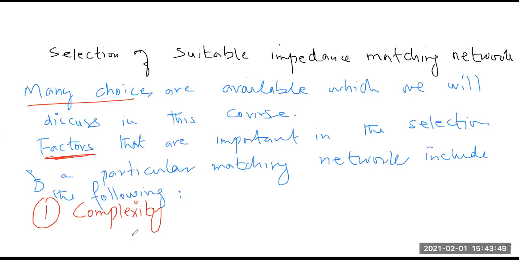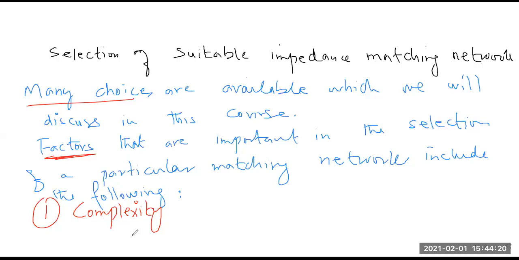If a given problem can be solved by a simple circuit, you will always go towards that circuit, even though there may be some other circuit available. Why would you not go for that circuit? Because that circuit is more complex. Why select a complex and complicated circuit if a simple circuit can solve your problem?